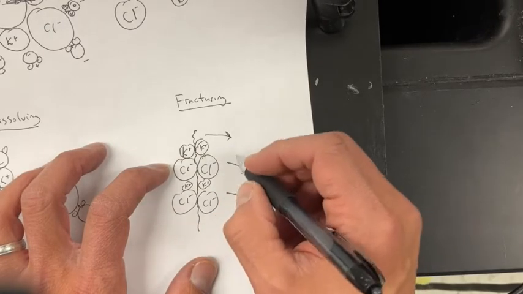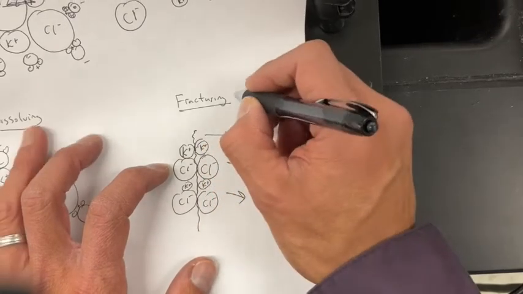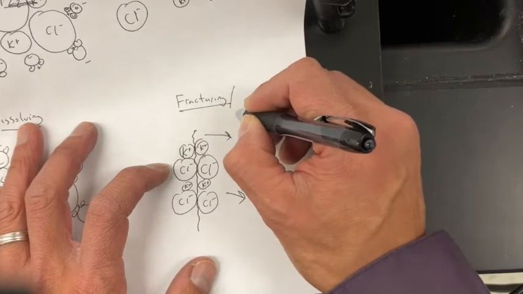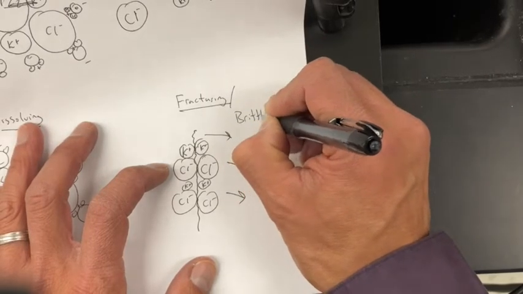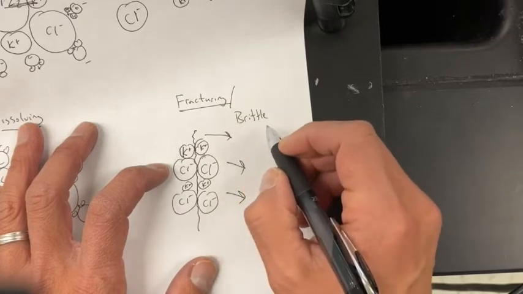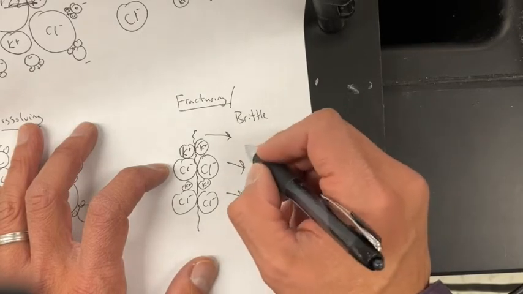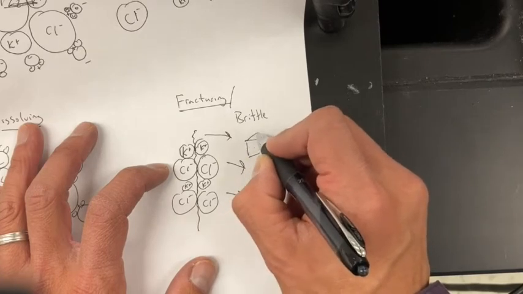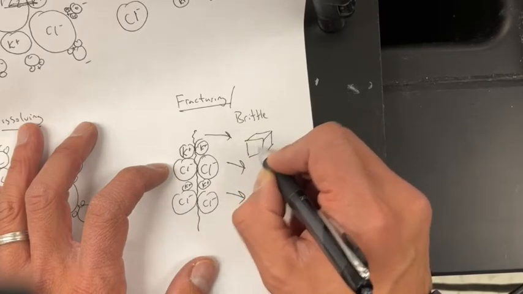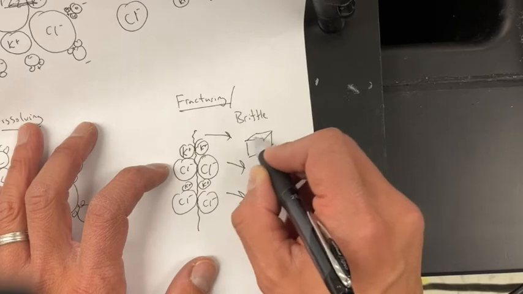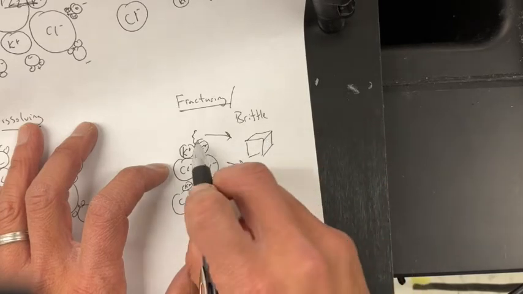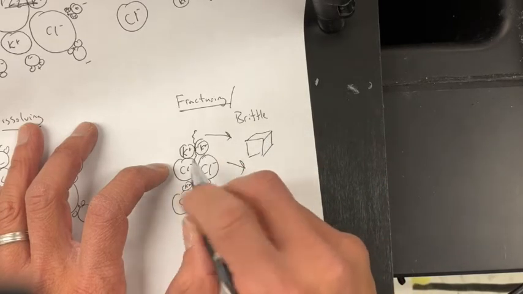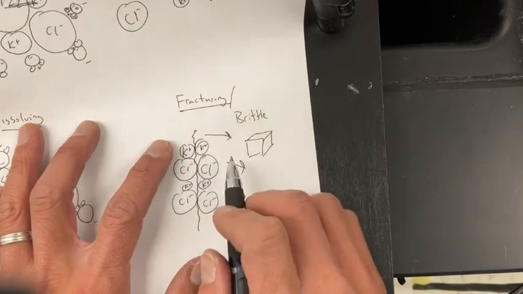And so ionic things also fracture. They are brittle, which means they break very easily. And that's why we have all the nice crystals, like salt crystals, with very flat planes along this crystal, because of the charges that push away, and they make clean breaks.